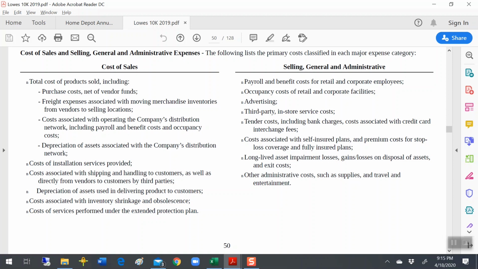Costs associated with inventory shrinkage and obsolescence. So if somebody steals a chainsaw, it just gets folded into the cost of goods sold.